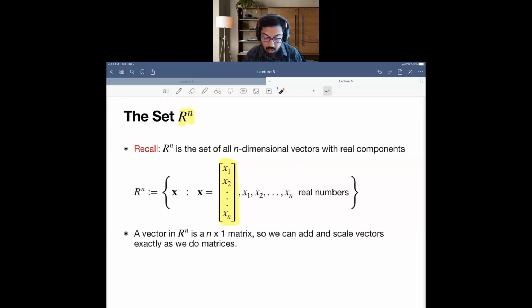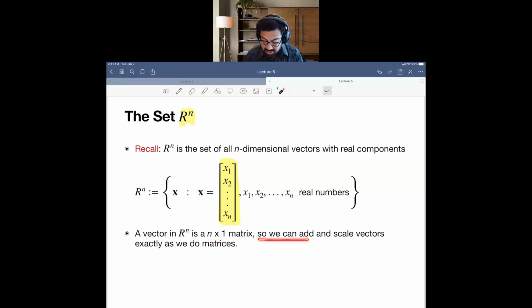So that's our vector space. Now, this n could be 2. If it is 2, then we have a vector in R squared that would look something like 3, 2, right? A vector in R to the n is an n by 1 matrix.